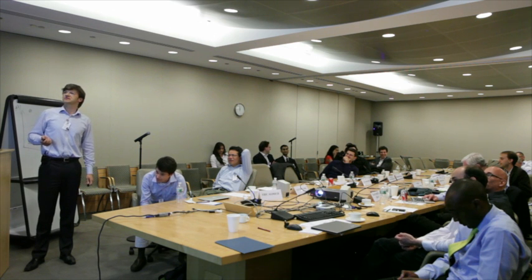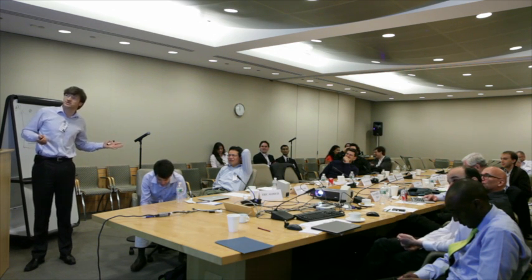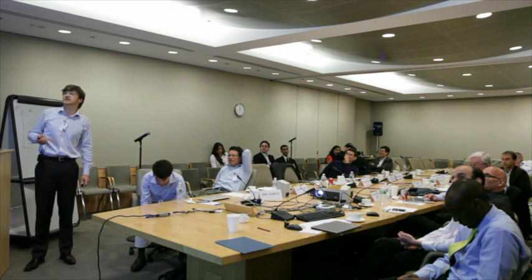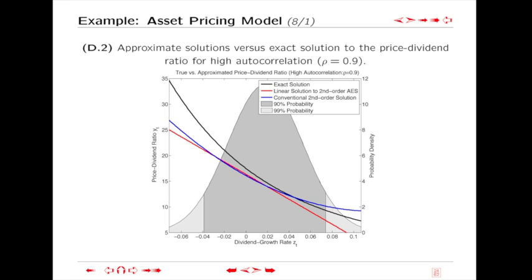So I have the conventional second order approach, the linear solution to the second order AES, and the exact solution. The exact solution is the black solid line. The linear solution is the red, so my solution is the red one, and the conventional second order is the blue one.